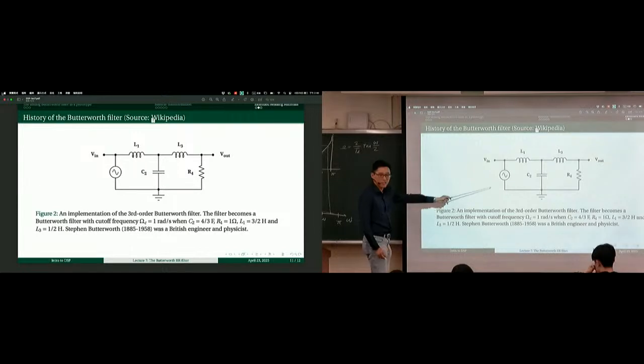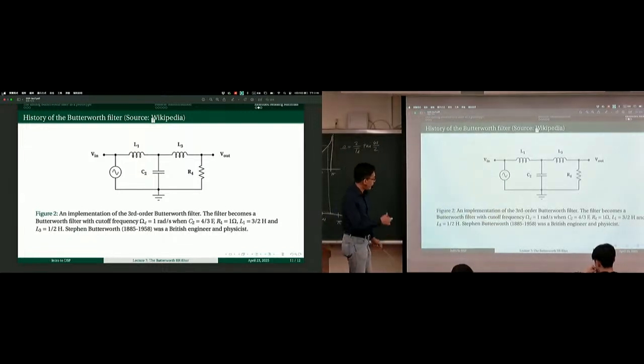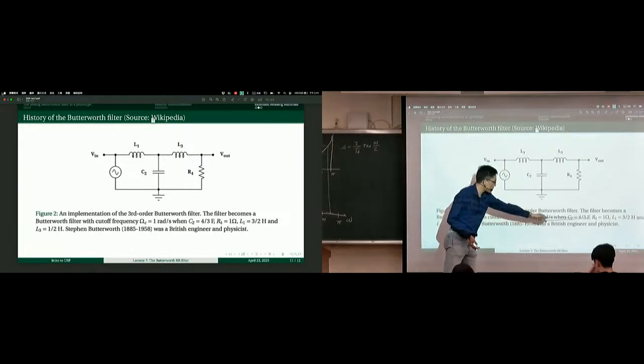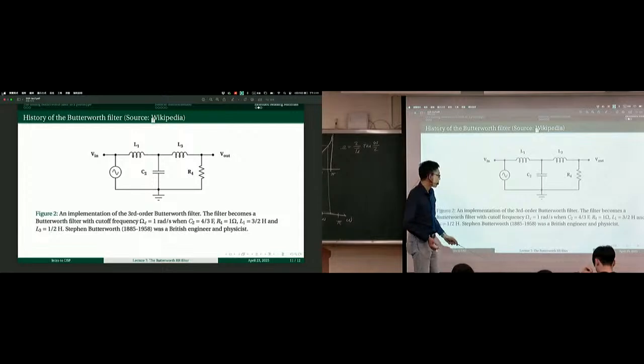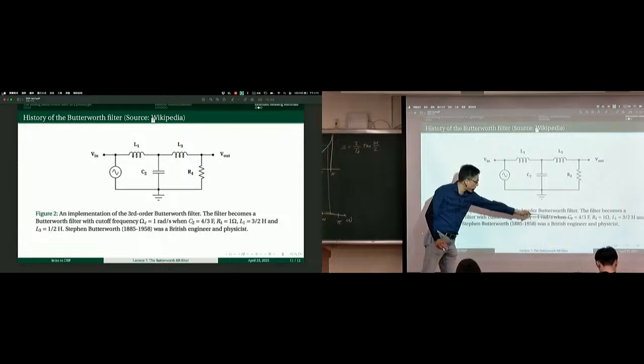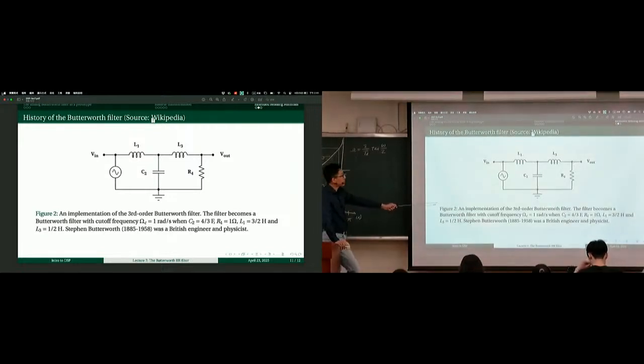He figured out that if we just put one resistor, one capacitor, and two inductors like that, and carefully set the parameters, the resistor is 1 ohm, the two inductances are 3/2 and 1/2 Henry, and the capacitor is 4/3 farad, then you can show that the transfer function between the output and input turns out to be that of a third-order Butterworth.